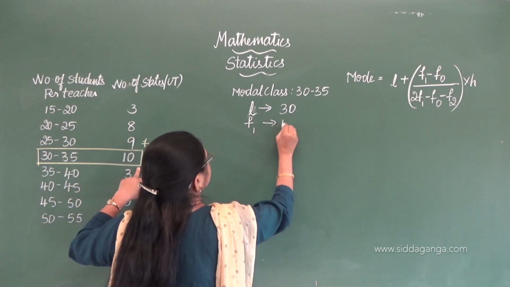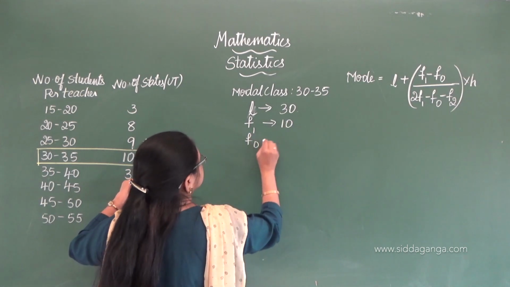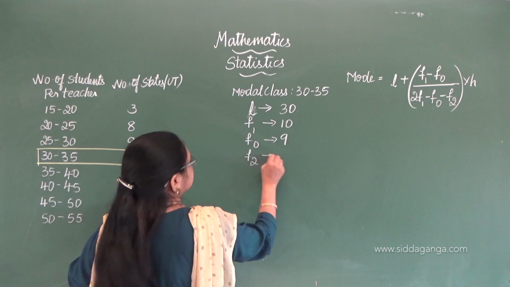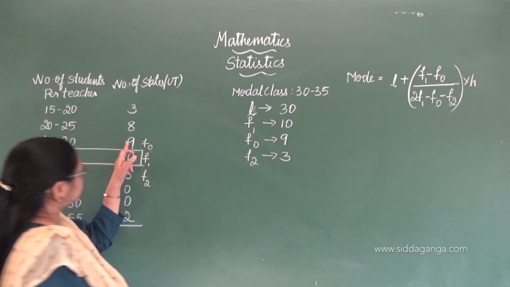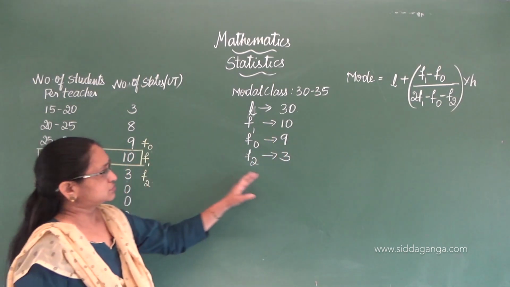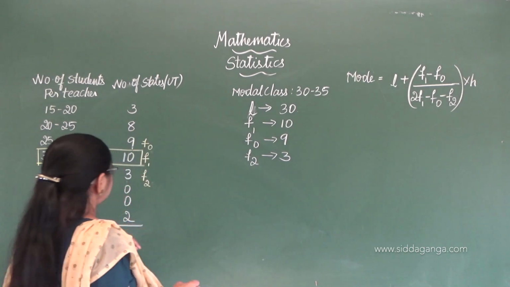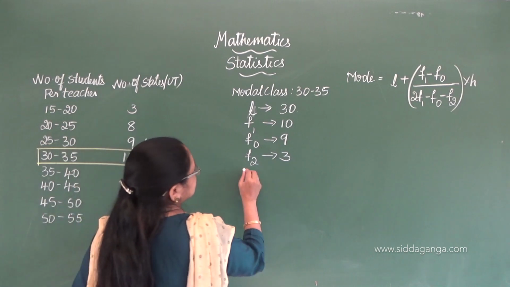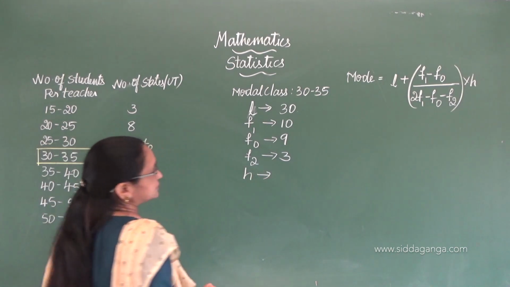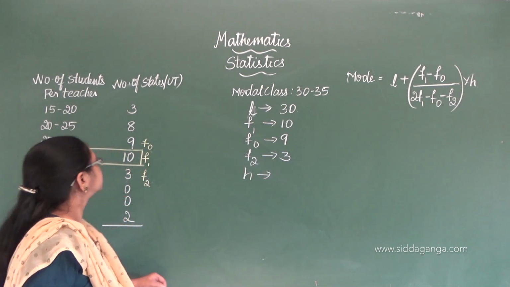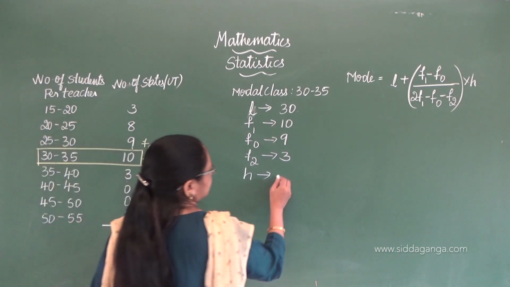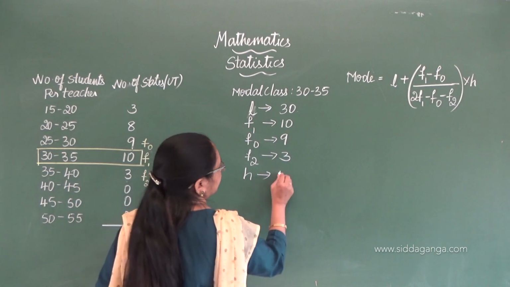F1 is 10, F0 is 9, and F2 is 3. I hope you understood all this. H is the width of the class interval: 20 minus 15, that is 5.